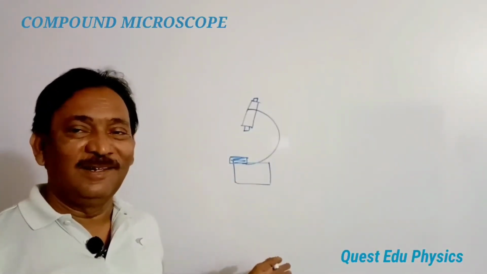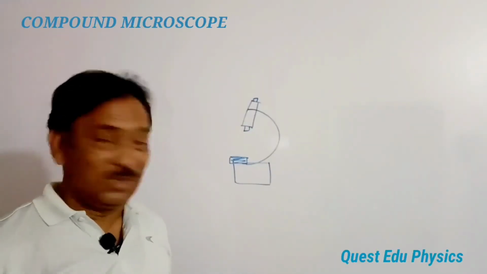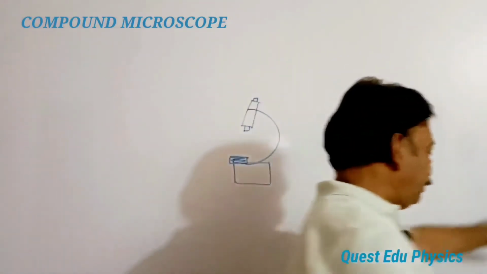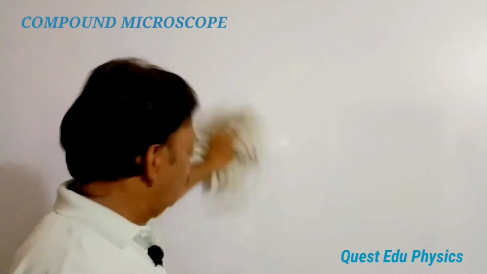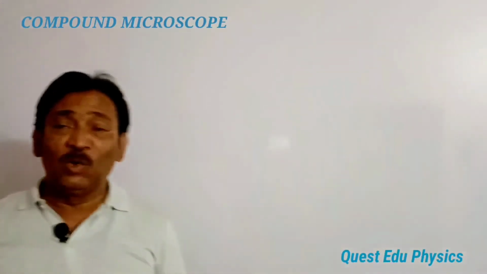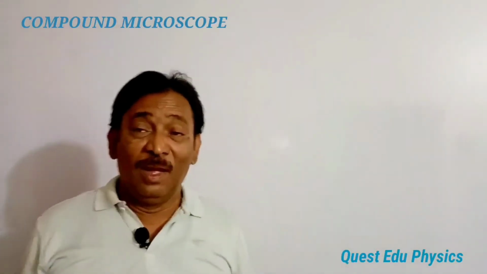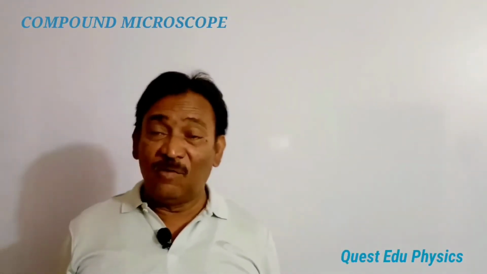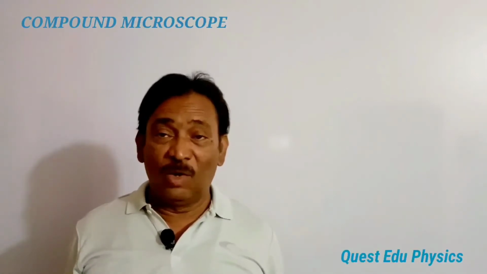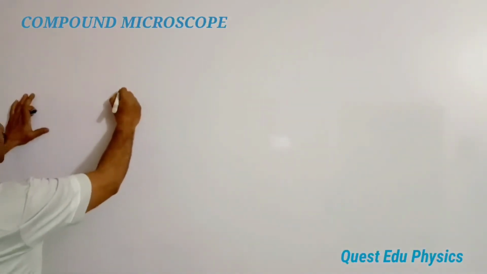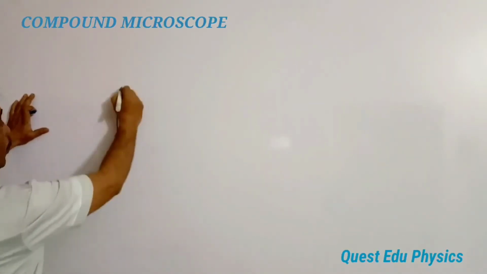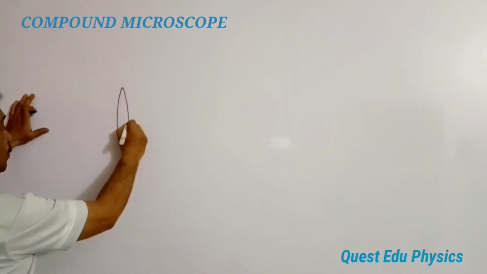Okay, students, let's see how it looks. Already I told you it consists of two convex lenses of different focal lengths. Here is the first lens, a double convex lens.